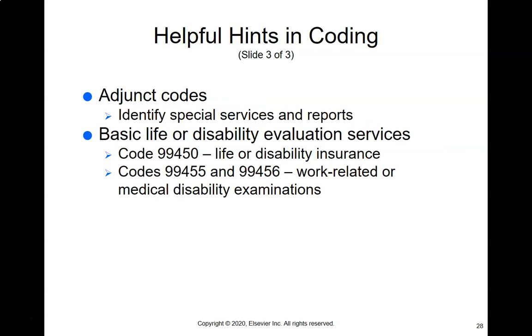Adjunct codes. They identify special services and reports. Some circumstances that are covered by the adjunct codes are handling of laboratory specimens, telephone calls, seeing patients after hours, office emergency services, supplies and materials, special reports, travel, and educational services rendered to patients.